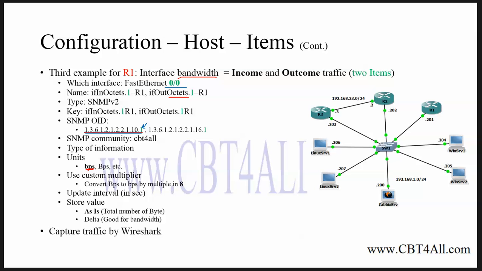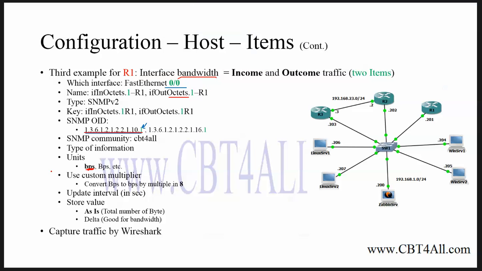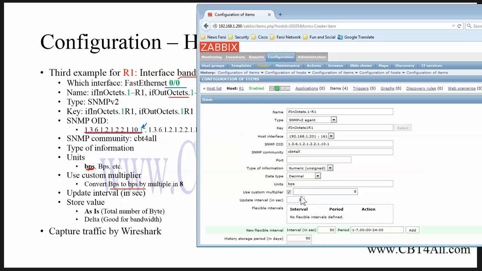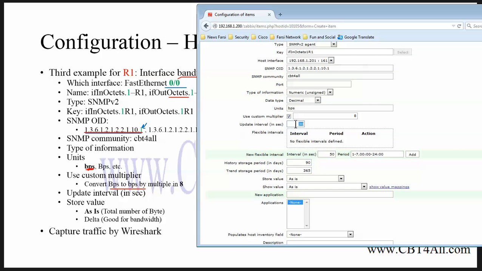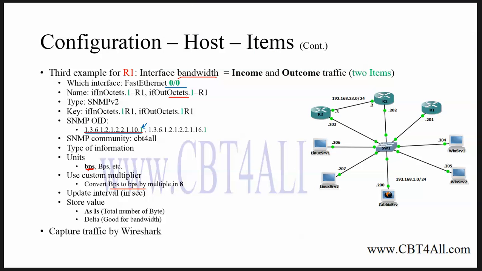The first thing is I change the unit to bits per second, and I want to change the number as well. I will multiply by 8. So I'll change bytes to bits. Again, then for the value I put 3, for example. But let me show you again here what we had.